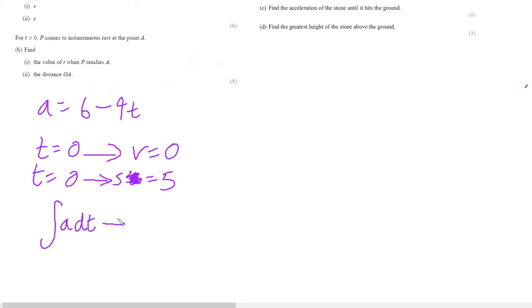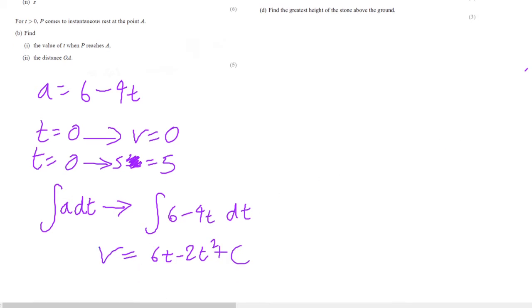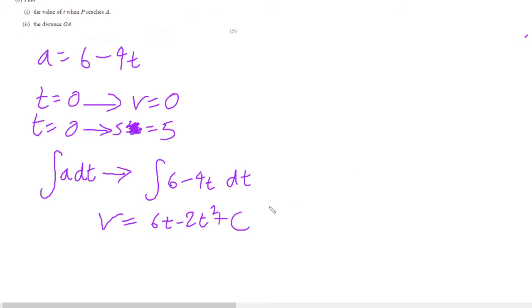So just integrating, we get the integral of 6 minus 4t dt, which is 6t minus 2t squared, using the power rule to go from 6 integrates to 6t and minus 4t integrates to minus 2t squared, plus c, because it's an indefinite integral. So v is equal to 6t minus 2t squared plus c, and now we just need to find out what c is.